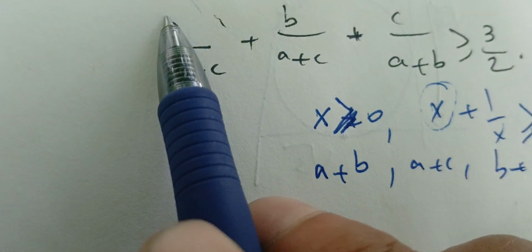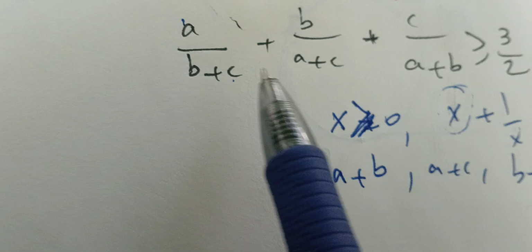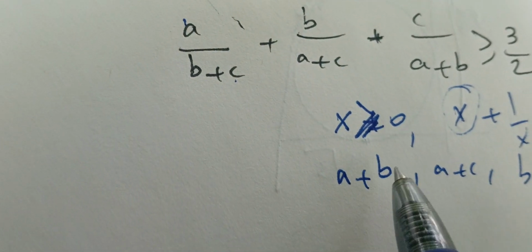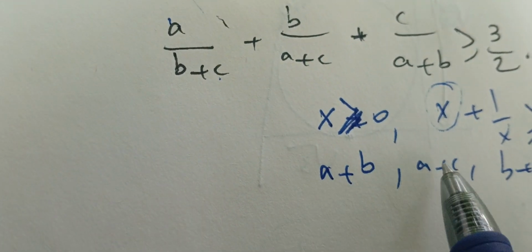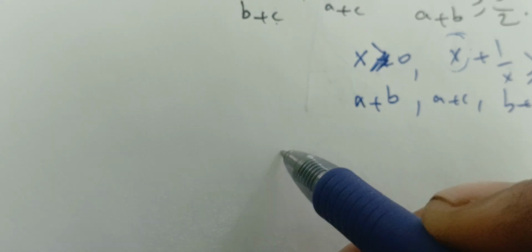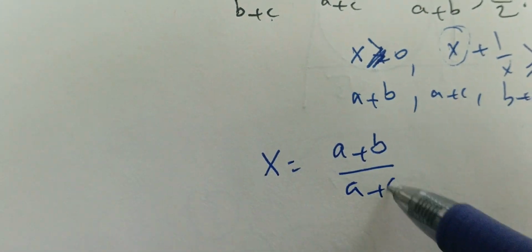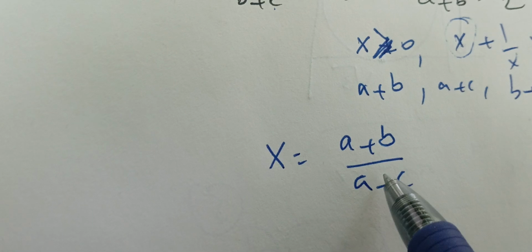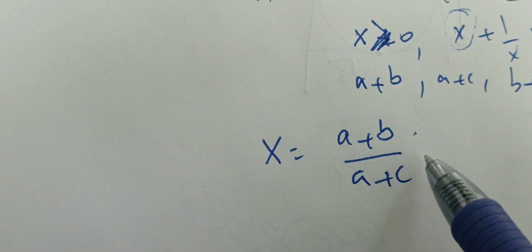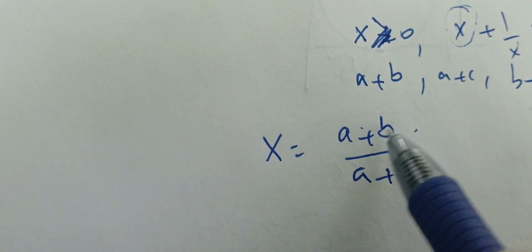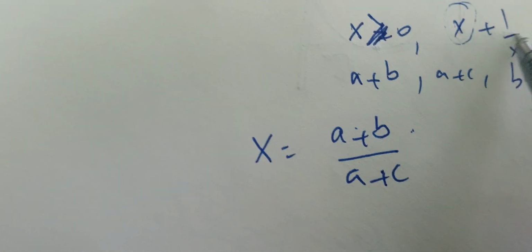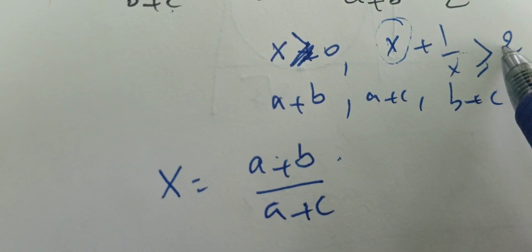So if we call x A plus B over A plus C, then clearly 1 over x is A plus C over A plus B. And since these 2 are positive, we're going to have this result here, bigger than or equal to 2.